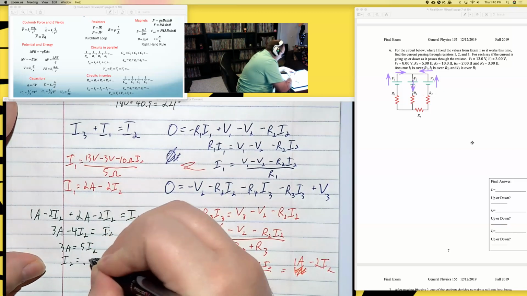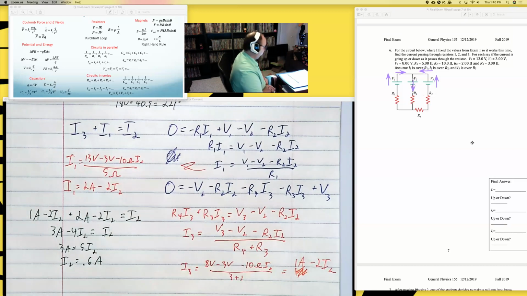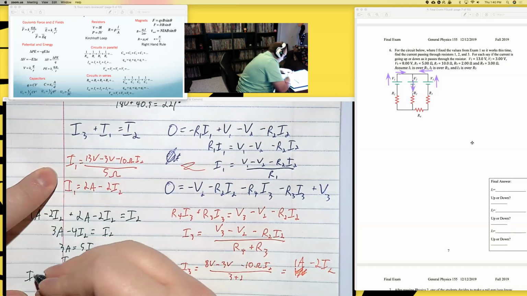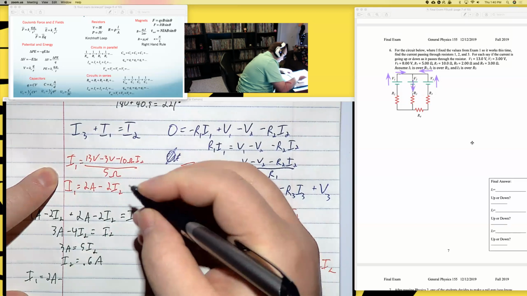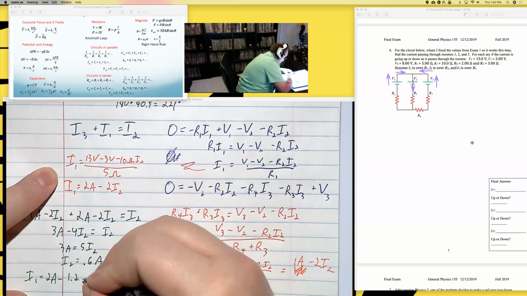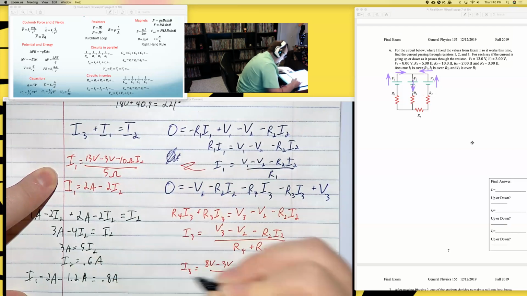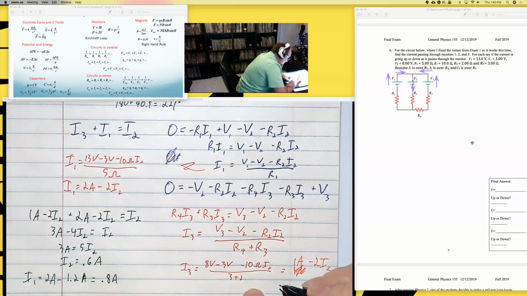I2 equals 0.6 amps. I'll then plug that in here. I1 equals 2 amps minus 0.6 times 2, which is 1.2. And I'll plug it in here. 1 amp minus 1.2 amps equals negative 0.2 amps.